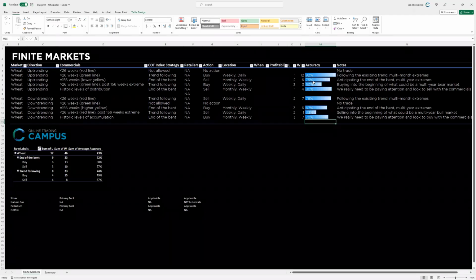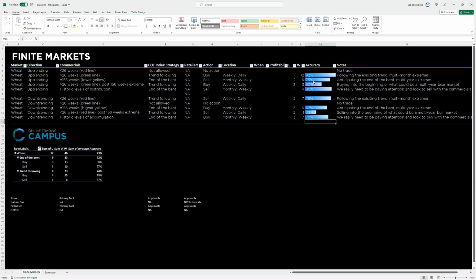Pick out 3 markets, 4 markets, 5 markets, become an expert. Write down everything you can find. Make an Excel spreadsheet once to put it on paper. You don't have to maintain it, right? It's unrealistic to maintain this kind of stuff for all the markets manually. We need a computer to do that. But it does have a lot of teachings in terms of what works and what doesn't work for all of those markets that we love to trade.